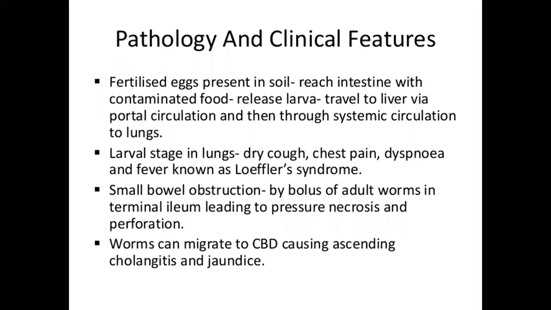It can lead to small bowel obstruction by a bolus of adult worms in the terminal ileum, leading to pressure necrosis and perforation. Worms can migrate to the common bile duct, causing ascending cholangitis and jaundice.